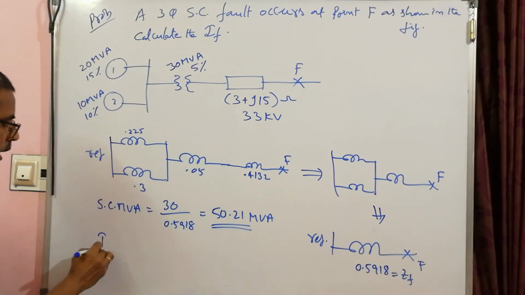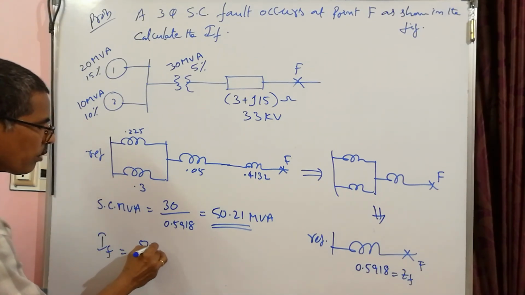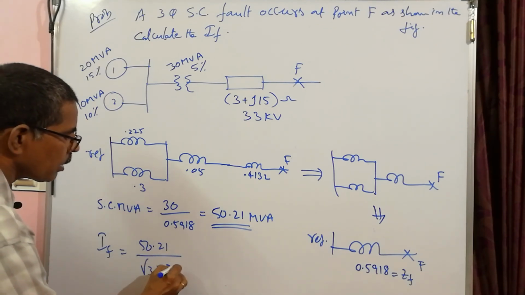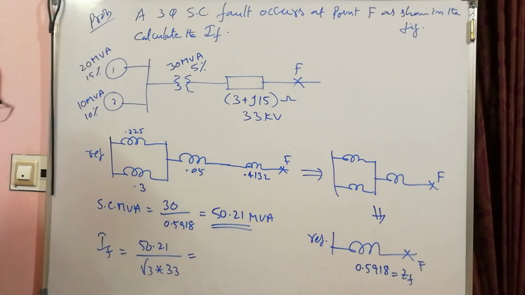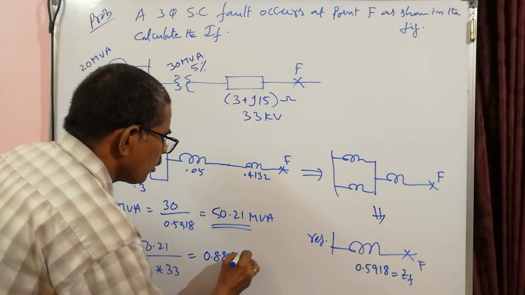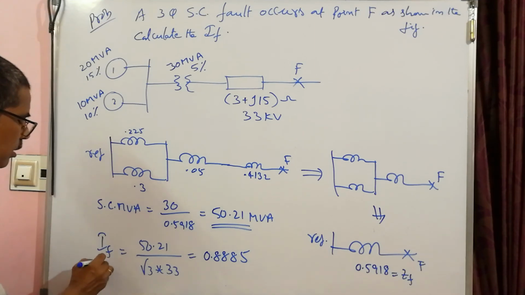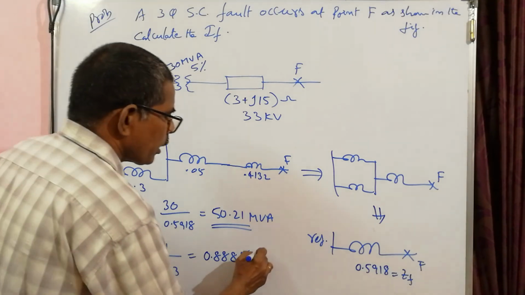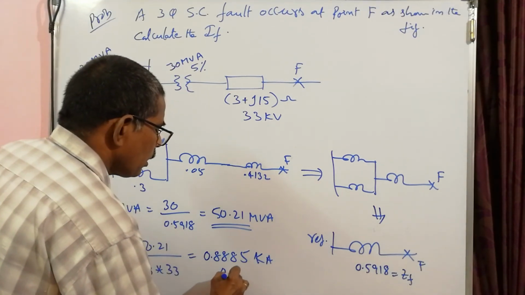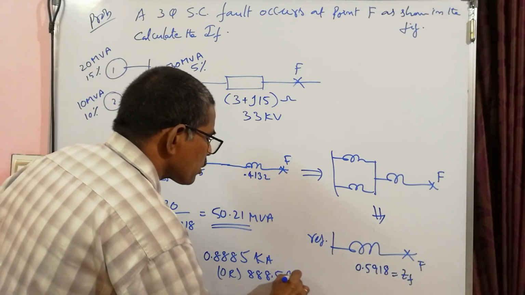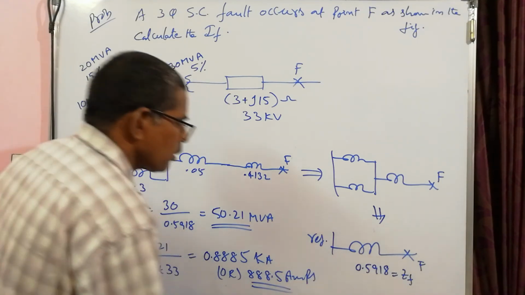Then short circuit current IF, which is short circuit MVA by root 3 into nominal line to line voltage 33 kilovolts, which is 0.885. This is kiloamps, okay, because this is MVA and this is kilovolts. So, you will be getting kiloamps, or I can say 888.5 amps. Okay.